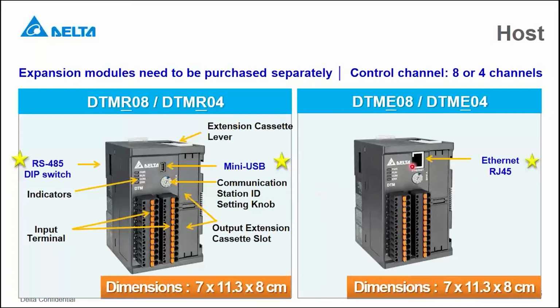For the Ethernet type, the only difference is we change the mini USB to Ethernet. With this one we can do programming, set up the software operation, and also exchange data. So this is all the host unit, not so many models. A08 means we support 8 channel input, and 04 means we support 4 input channels.